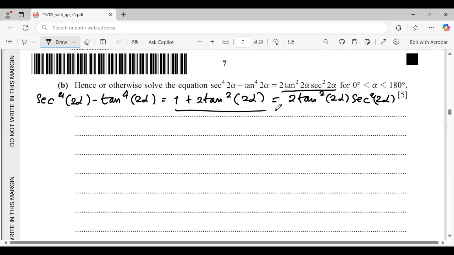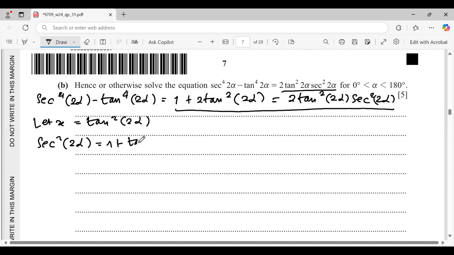So now concerning this equation, let x equal tangent squared 2 alpha. It means secant squared 2 alpha equals 1 plus tangent squared 2 alpha, so it is 1 plus x, because x equals tangent squared 2 alpha.